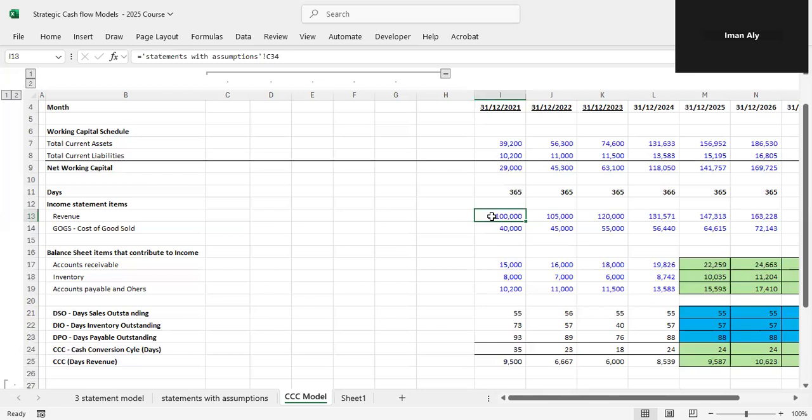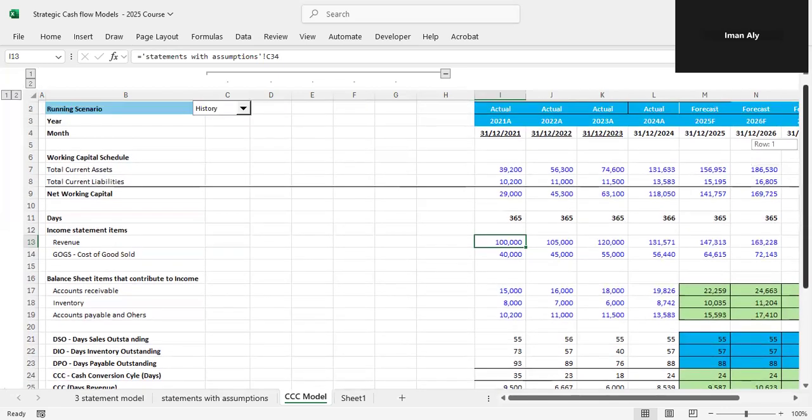The money lying in your working capital is 9,500, and you can see the percentage of that as well if you want. So it's very important that you understand how the CCC model is built up.